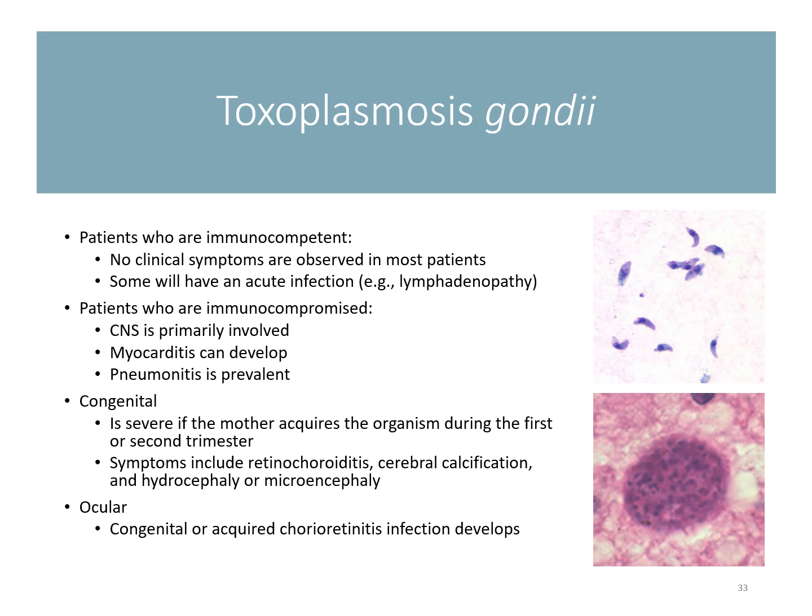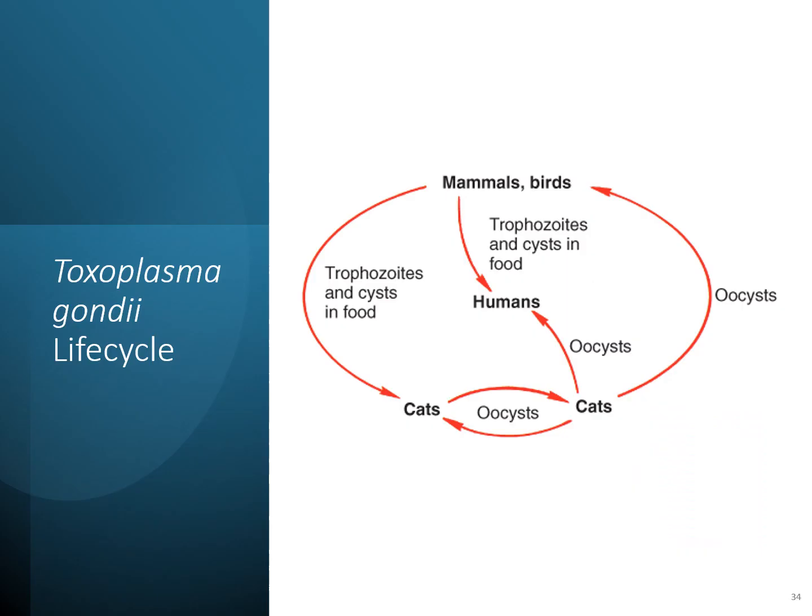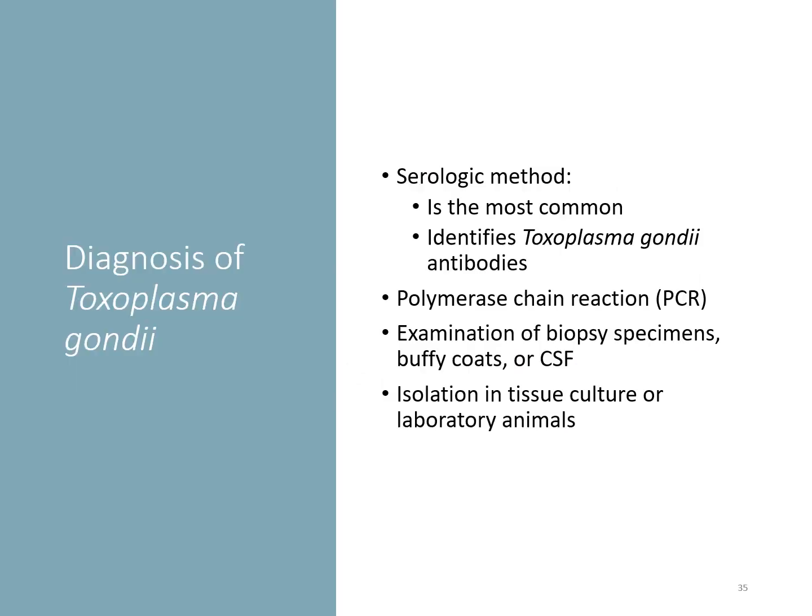It can also cause an ocular infection. The patient acquires the infection through the oocyst, through exposure, probably to the feces of cats, and that's when the infection starts within the host.